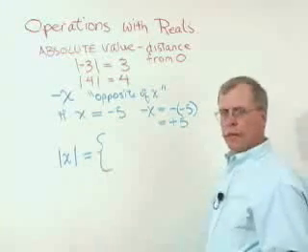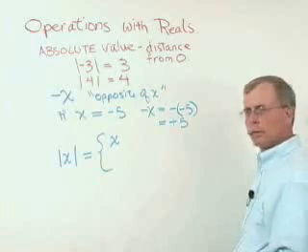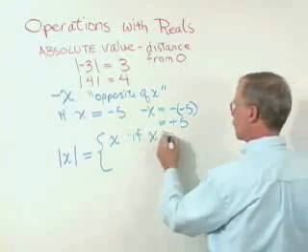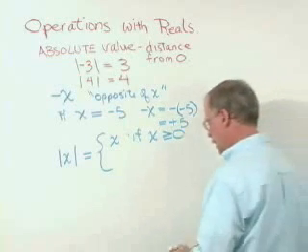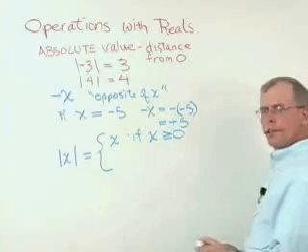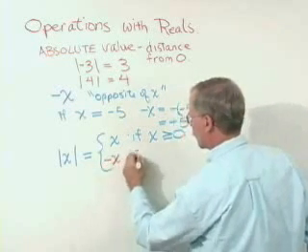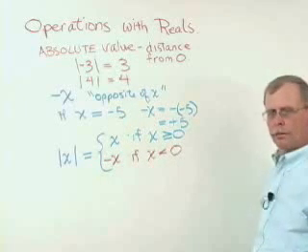The absolute value of x is considered to be whatever x is if x is larger than or equal to 0. But it's considered to be the opposite of x if x is less than 0.